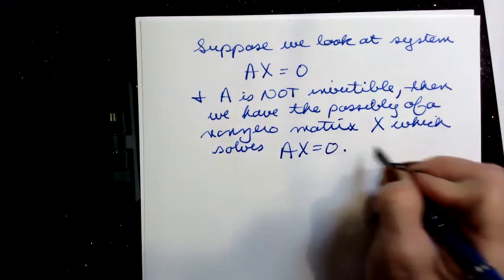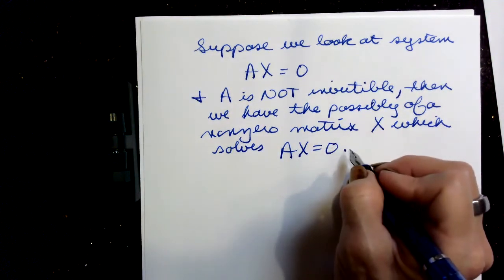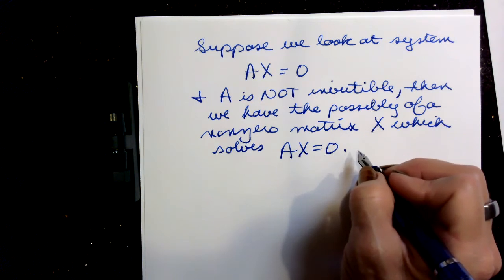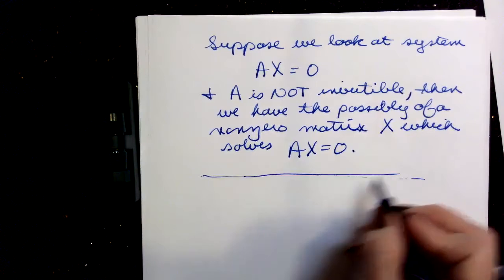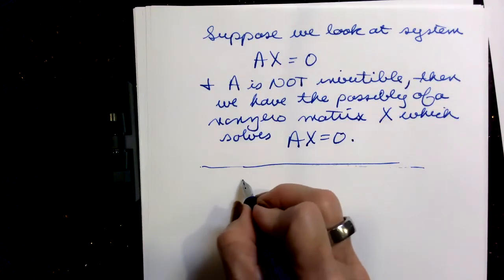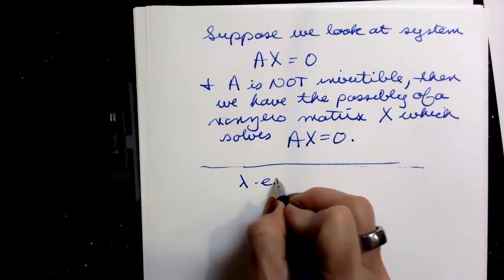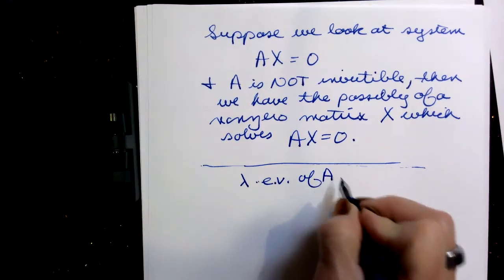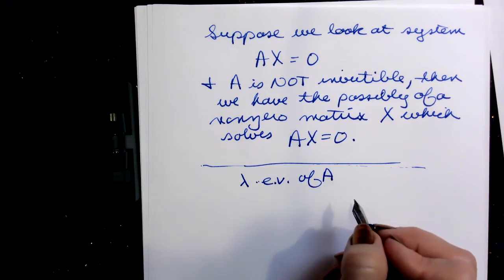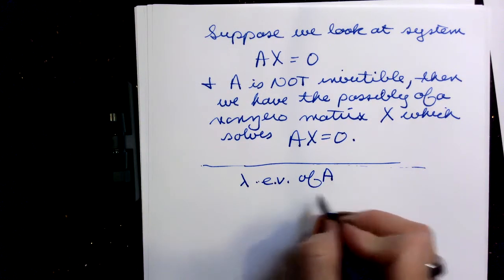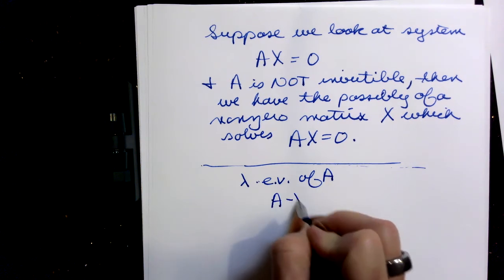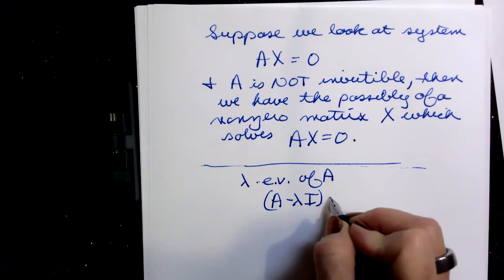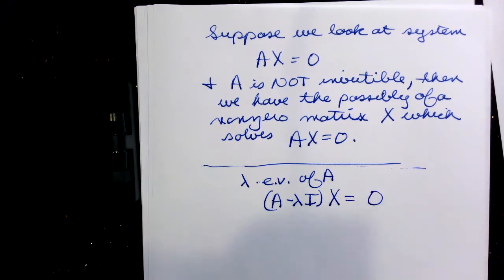This will be important for us later because when we start to find eigenvectors, we're going to need to know how to solve this. I'm getting a little ahead of myself here, but if lambda is an eigenvalue of A, and maybe you've watched that video before, or we talked about it in a homework session, then to find the eigenvector corresponding to that eigenvalue, you have to solve this system of equations.